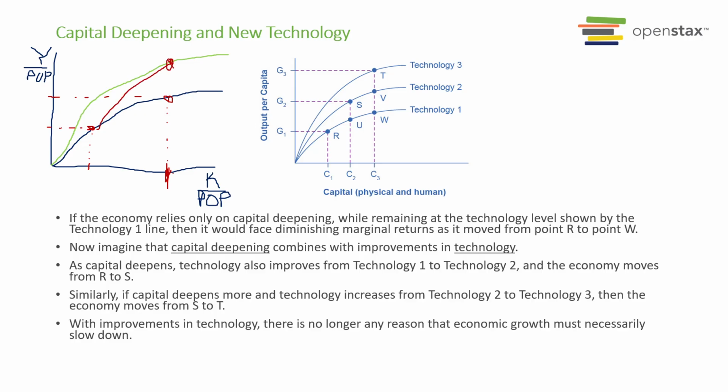Because on this new production function, if we take this path from here to here, instead of continuing on the old trajectory with the old technology, the new technologies will enable us to go from here on up to the new level of output per capita, which is somewhere in the vicinity of way up here, right?